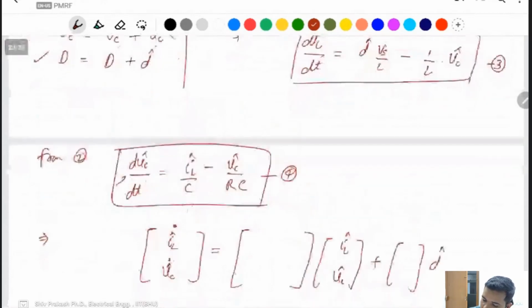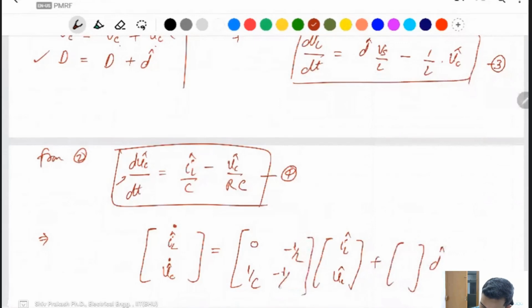IL is not present in the first equation, so that entry is 0. VC is there, so minus 1 by L. Then IL is there, 1 by C, and the VC component is minus 1 by RC. The D component is Vs by RC here. The other will be 0 because D cap is not present there.